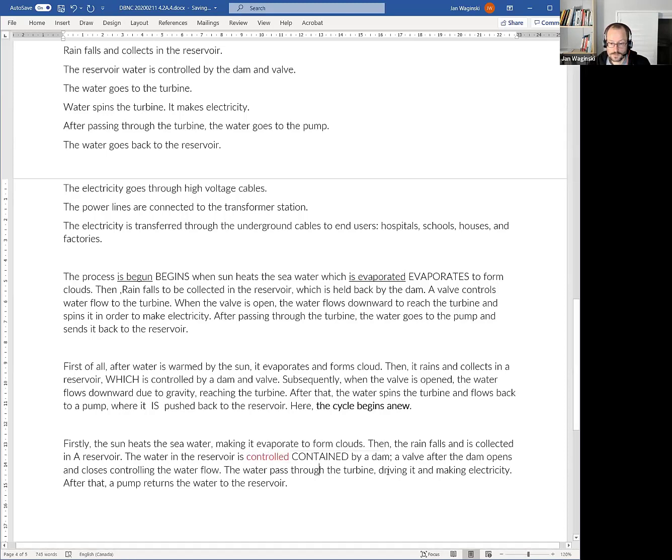Contained. A valve after the dam opens and closes, controlling the water flow. Right. I would get rid of this. Valve. Driving and making electricity. Good. Okay, very nice.